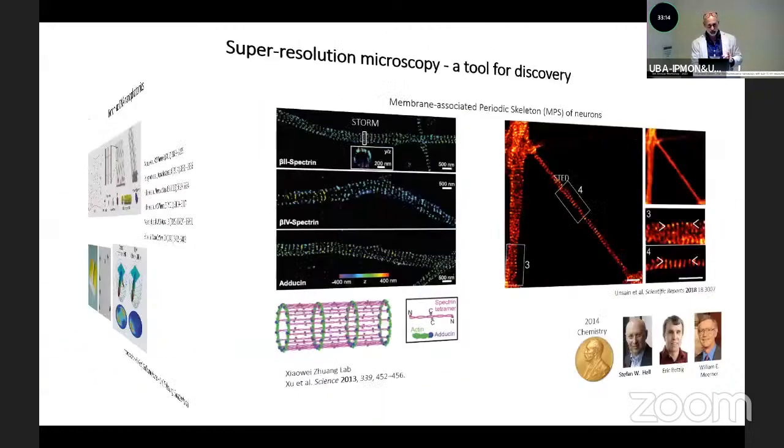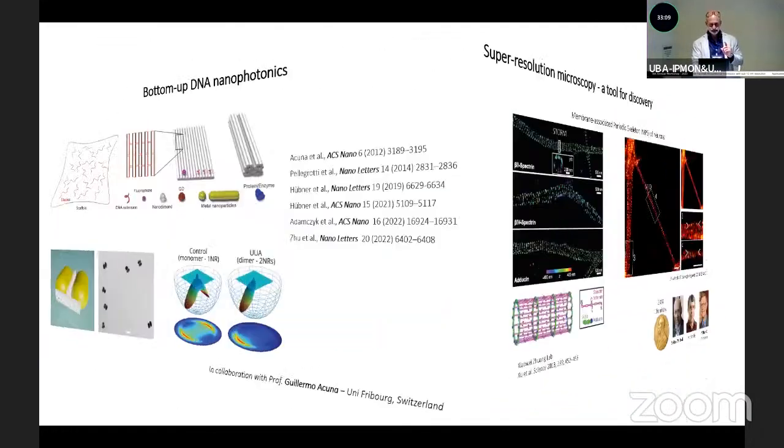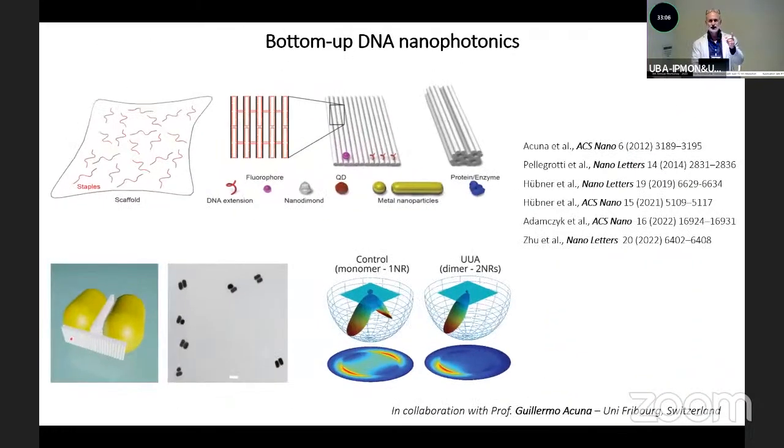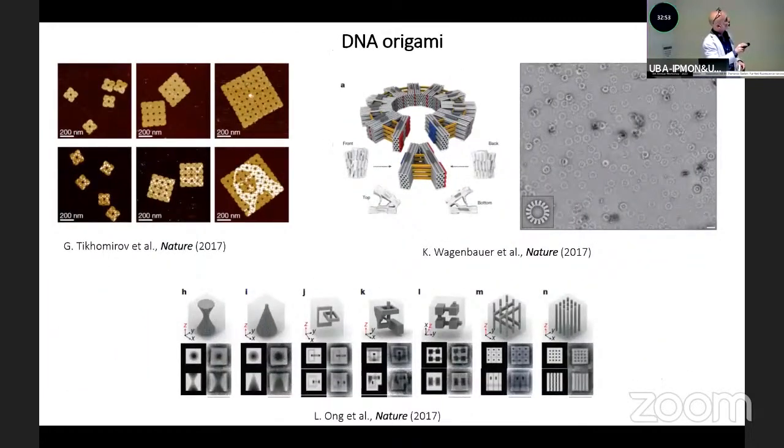We will use that for super resolution later, you will see. And also, super resolution. So DNA origami is useful for super resolution because we will prepare calibration samples. But super resolution is also helping DNA nanotechnology, because if you construct complex DNA origami machines like these ones, and some of them are even dynamic, they move, you need some way to visualize that that thing is doing what you designed it for, right?